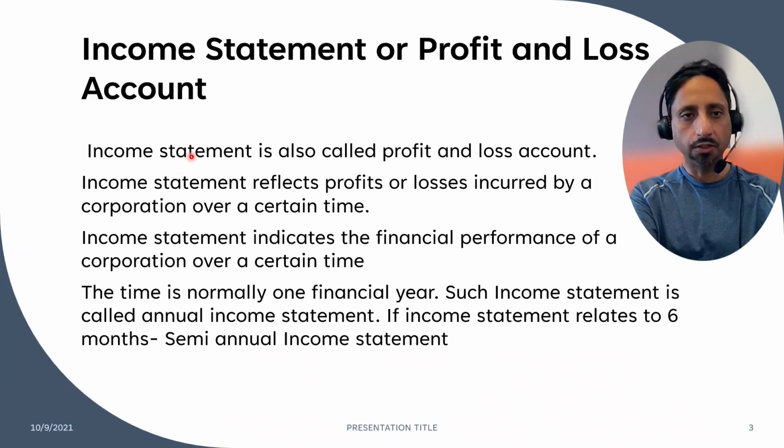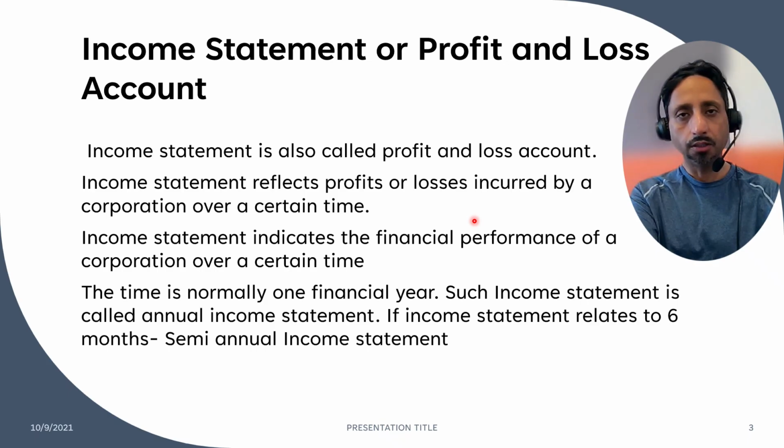So the income statement is also called profit and loss account. Income statement basically reflects the profits and losses incurred by any organization over a certain time period. Now the time period is normally 1 year, but it can be quarterly and semi-annually.